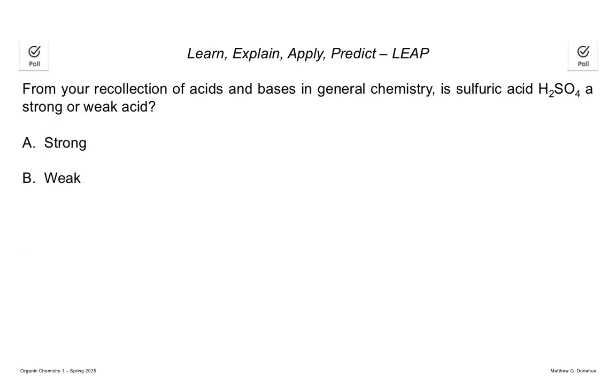So let's all calibrate ourselves with a review of some general chemistry here, acidity. From your recollections of acids and bases, is sulfuric acid, H2SO4, a strong or a weak acid? Sulfuric acid is a strong acid.